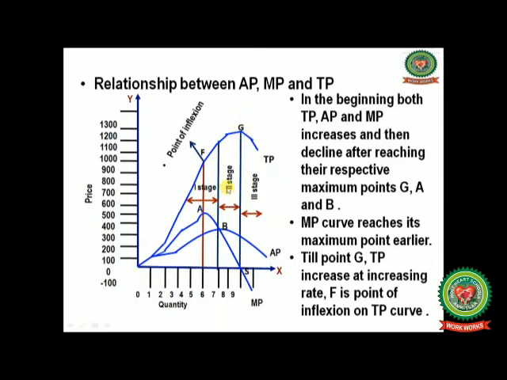Declining points are G, A and B. So the MP curve reaches its maximum at point A, and point G is the maximum point of TP. TP is increasing till this point, and F is the point of inflection from which the total production will increase but at a decreasing rate.